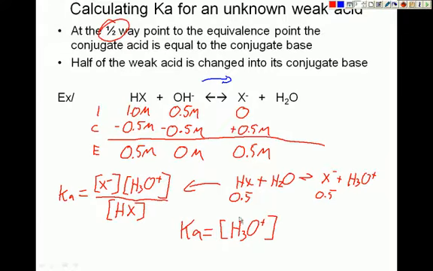In other words, since HX and X minus are equal, this cancels with this, and you're left with Ka equals H3O plus. Okay, so if we're to look at that on a graph, this is kind of what we would see. So I'm going to erase this all really quickly, and then we're going to look at another one.